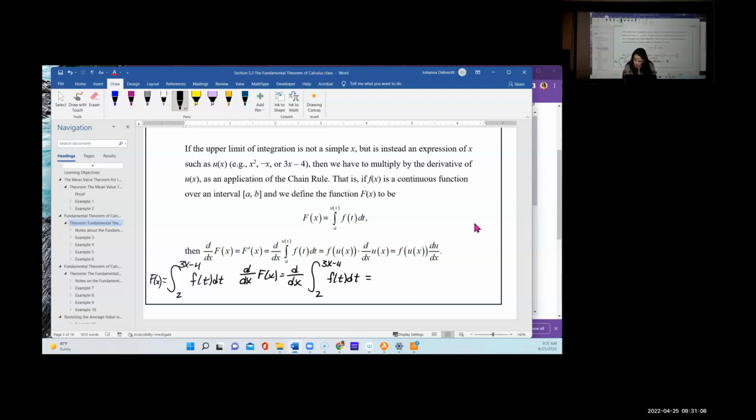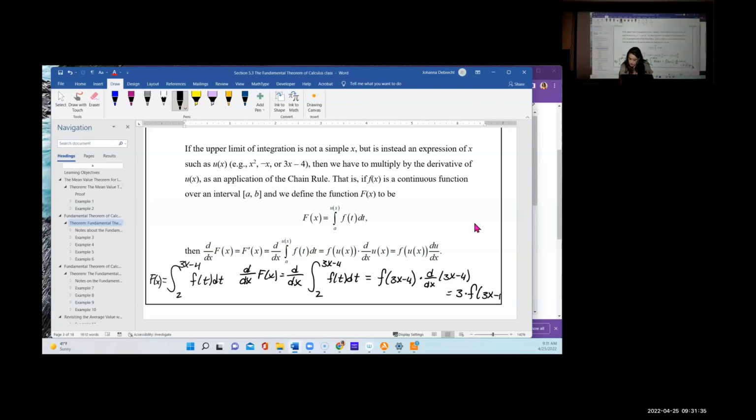And what that's going to do is it's going to take the function in the integrand and substitute 3x minus 4 inside of it. And then it's going to multiply this by the derivative with respect to x of 3x minus 4. Now the derivative of 3x minus 4 is 3, so that our final answer would be 3 times f of 3x minus 4.